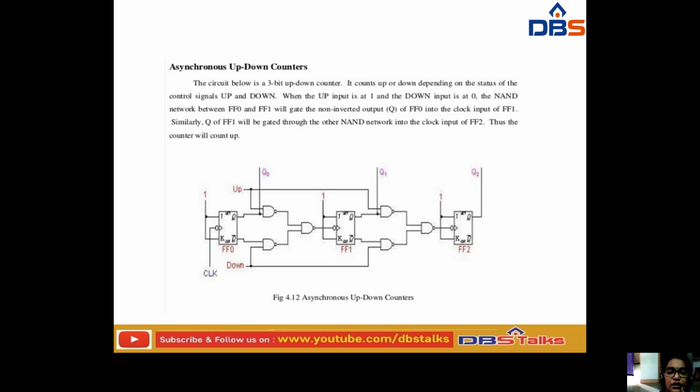When the up input is 1, the Q of FF0 is gated through the NAND network to the clock input of FF1, and similarly the Q of FF1 will be gated through the NAND network to the clock input of FF2. Then the counter will count up.